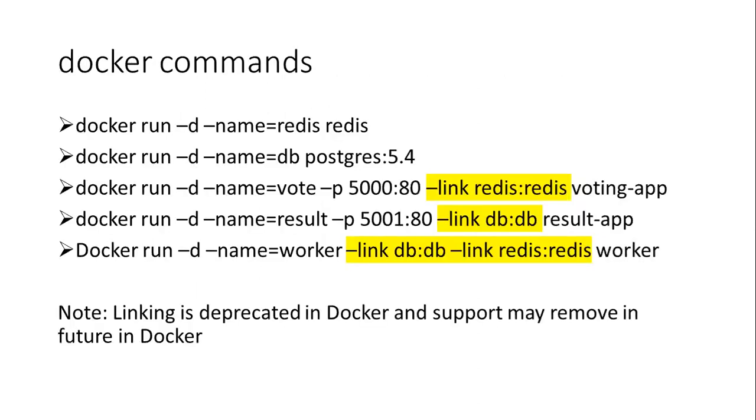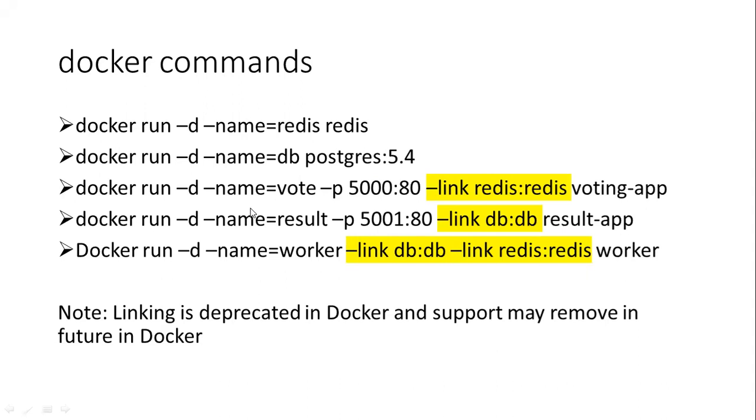So if you want to do this using Docker, can I do that? Yes, you can. For example, you have to run Redis first from the Redis image. You have to run the database by giving a name, from Postgres.